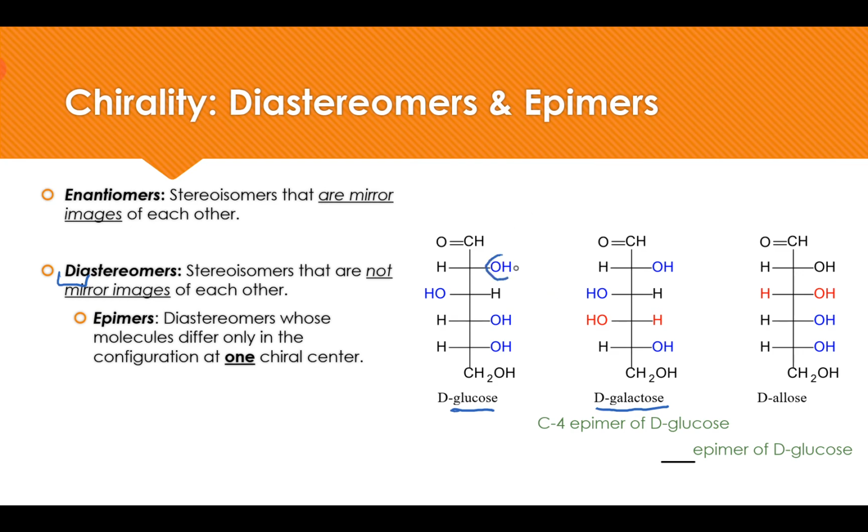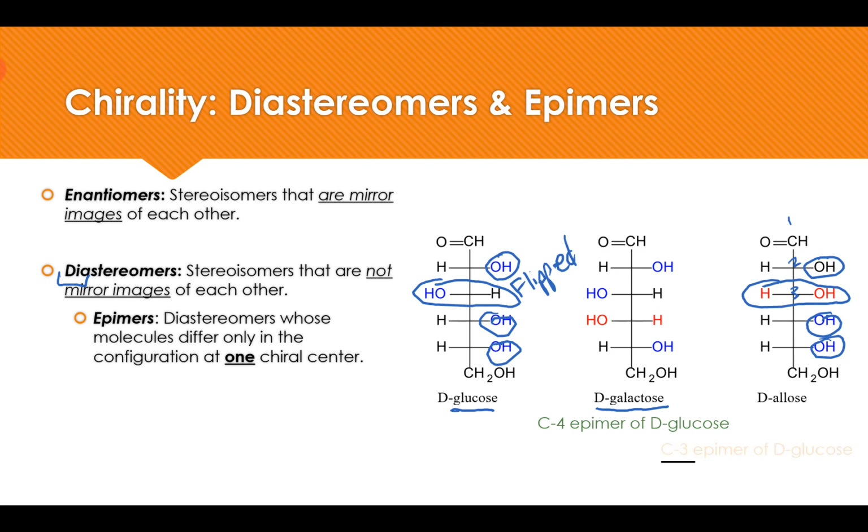We have OH, OH, and then those are also the same. It's this one that's flipped. So allose is the C3 epimer of D-glucose.